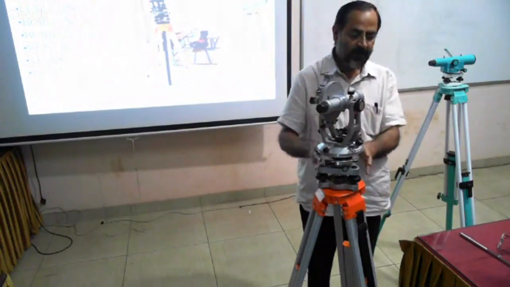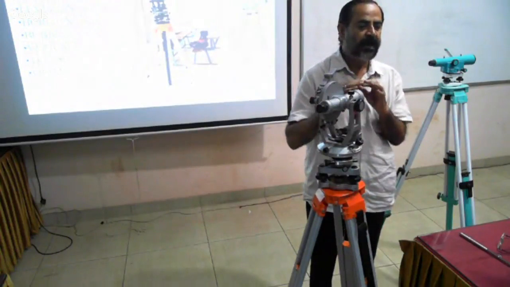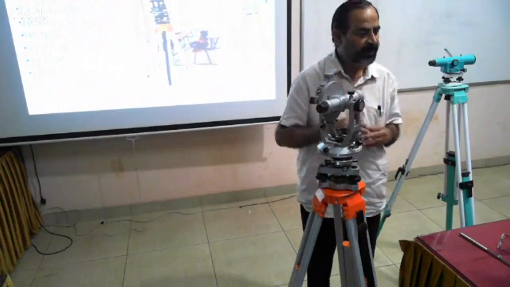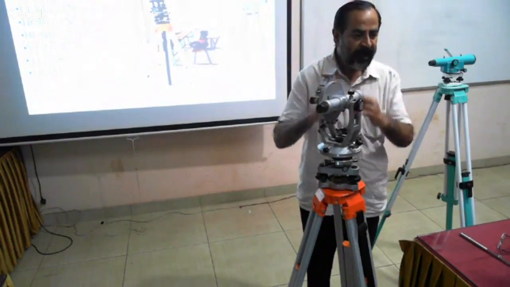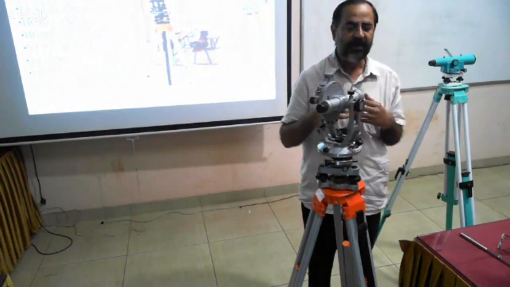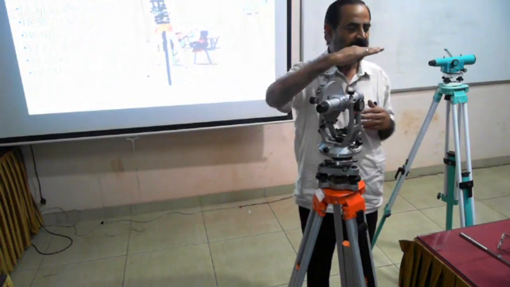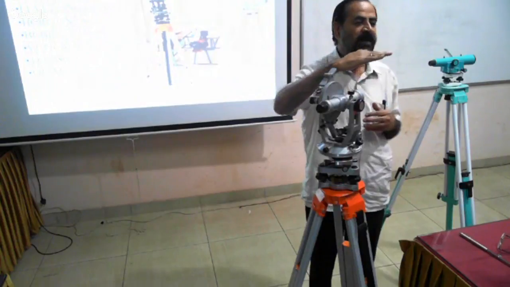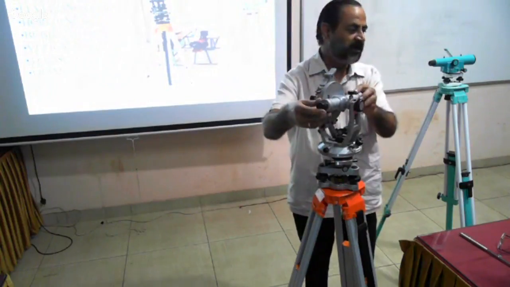It will be adjusted according to the person who is handling this instrument. It can be lowered or raised, whichever way you want. Normally the telescope should come at this level. That is how we adjust this instrument.